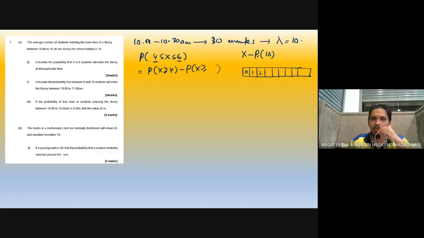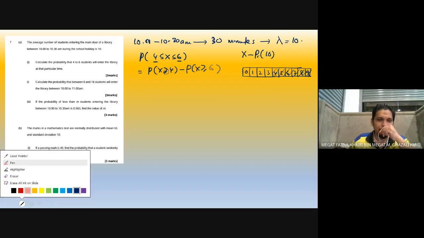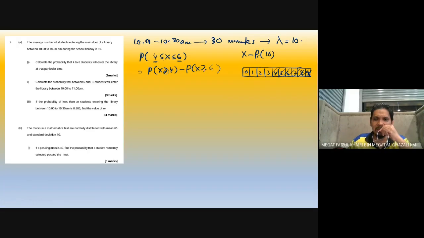0, 1, 2, 3, 4, 5, 6, 7, 8, 9. For example, probability of x greater than or equal to 4, equal means including 4. Okay, look at this. And then minus, you mentioned just now, 6. Let's say it's 6, meaning greater than or equal to 6, including 6.